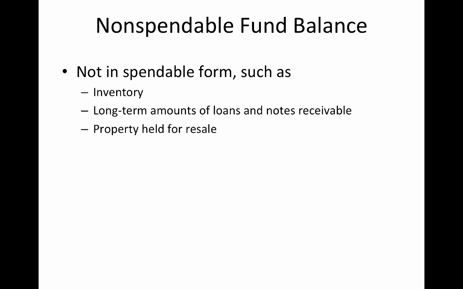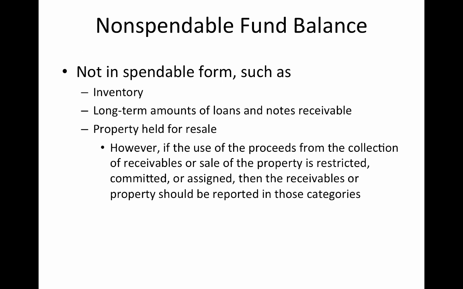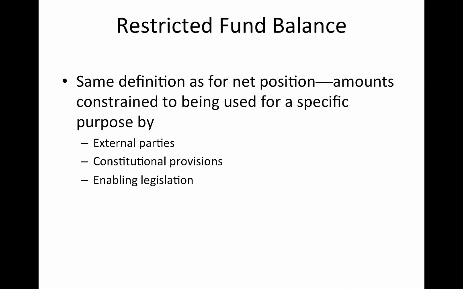It's reported in 5 components. The first is non-spendable fund balance, which is essentially things that are not in a spendable form, like inventory, or things that a government is not allowed to spend, like the corpus of a permanent fund. Everything else then is technically spendable fund balance, although I really don't like to use that term.